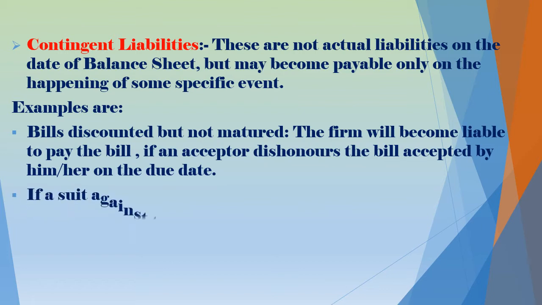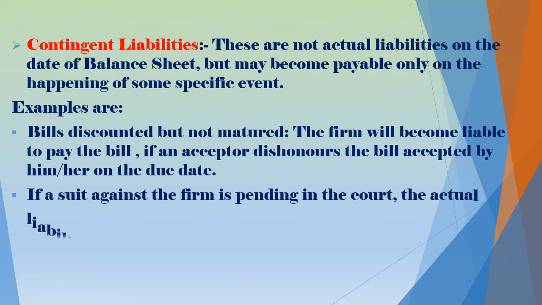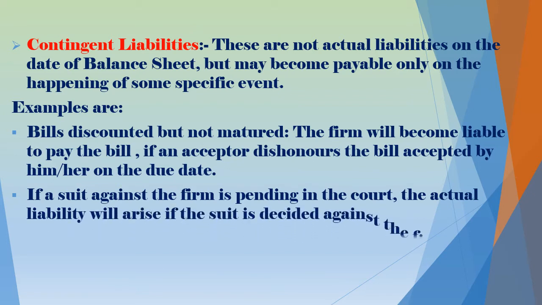If a suit against the firm is pending in the court, the actual liability will arise if the suit is decided against the firm. Now suit, if a case is going against the firm and the case is still pending, it is going on, and every year a new hearing is coming.